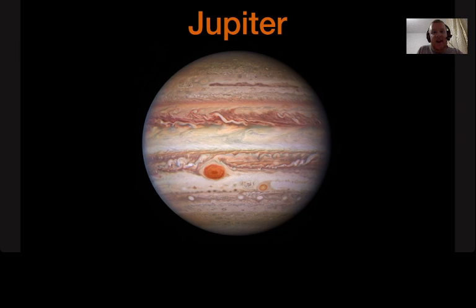Jupiter is a planet just after Mars. It's going to be the first gas planet we're going to talk about. It's a beautiful planet. It has lovely spots all over it, including a gigantic eye, which is apparently a storm. But we're going to talk more about it in the next video.